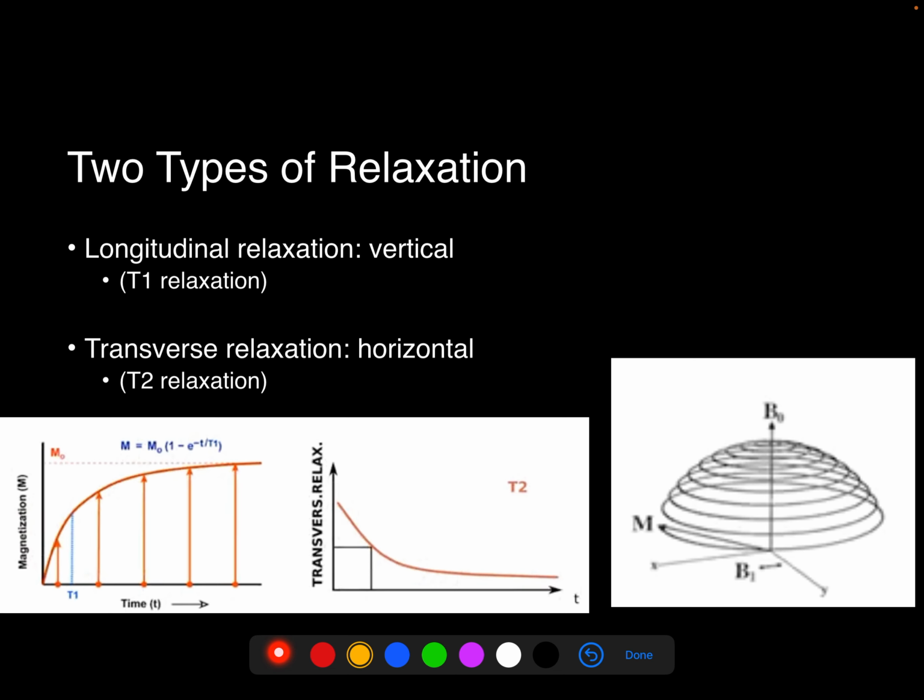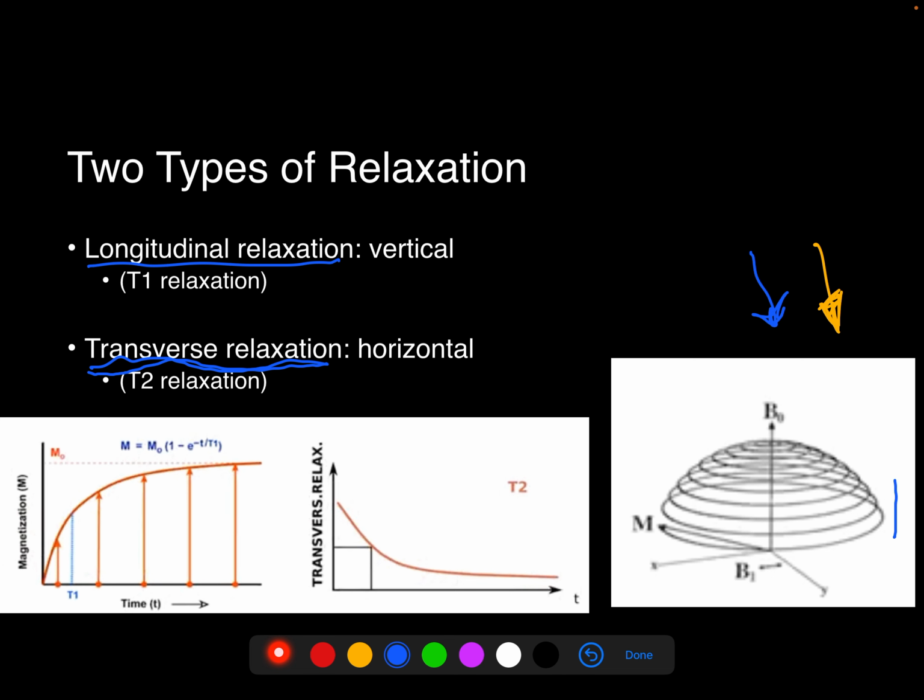But there's two types of relaxation that we have just witnessed in this image. They are called longitudinal relaxation and transverse relaxation. And again, it's very easy to understand this if you understand this image in the bottom right here. Longitudinal relaxation is how relaxed it is in the vertical dimension.